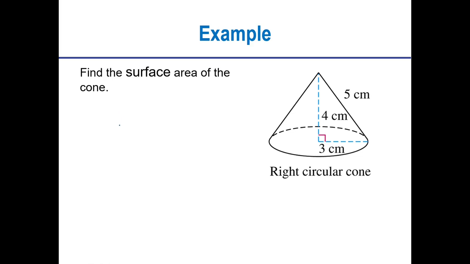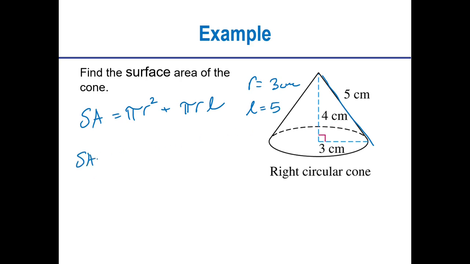Let's look at the surface area of a cone. Recall the surface area of a cone is equal to pi r squared, the area of the base, plus pi rL, which is the area of the top of the cone. Now, we know the radius in this case is 3 centimeters, and the slant height here is 5 centimeters, and the height of 4 centimeters is not necessary for the problem.